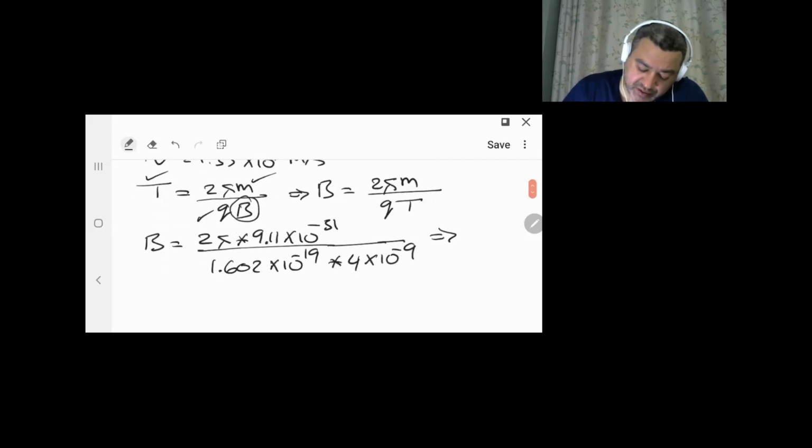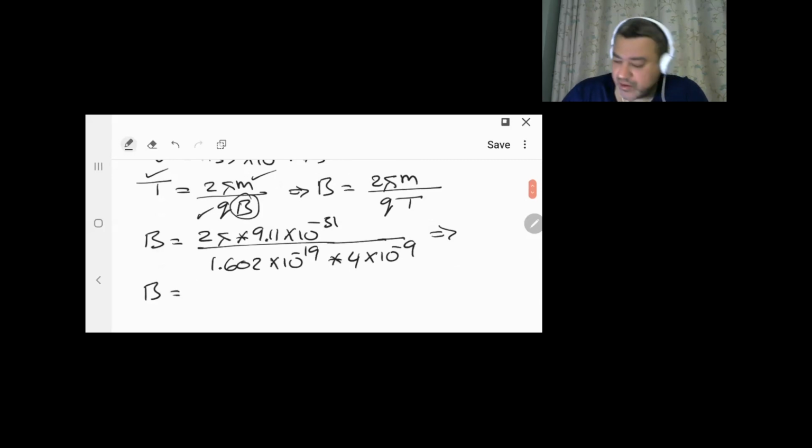The magnetic field is given now as 8.94 times 10 to the power minus 3 Tesla. So this is the magnetic field.